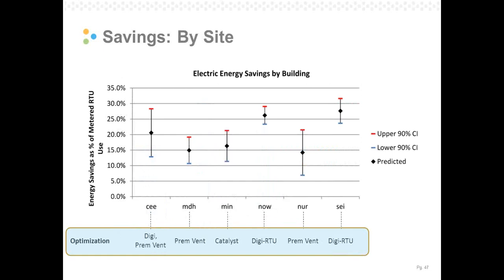So you can see across the sites they achieved savings on the electrical side that vary by site. And a lot of that has to do with the way the site is configured, the load that it sees from external, whether it's seeing a lot of outdoor perimeter walls or its interior.